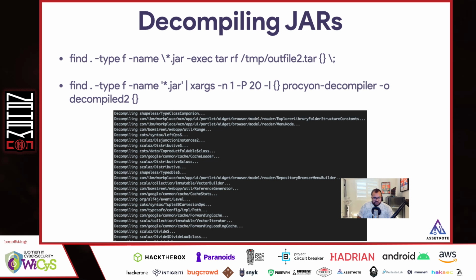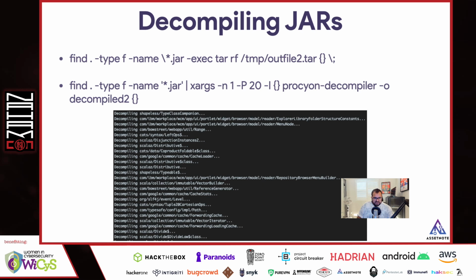We get that onto our local system, and then we use our favorite decompiler to decompile all the jar files. In this scenario, I used Procyon decompiler, but ultimately you can use anything you want, like JD-CLI or JD-GUI. This will end up with a bunch of source code that you can start auditing. This is an easy way to get to a point where you can start auditing source code immediately.